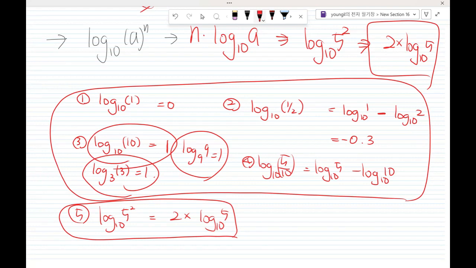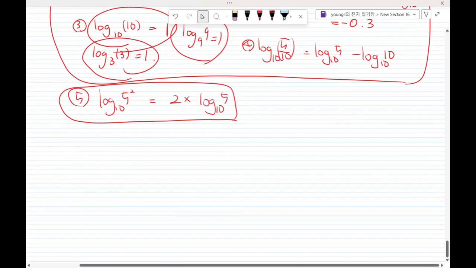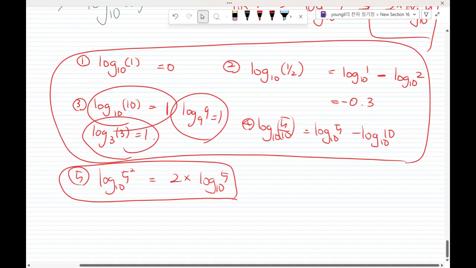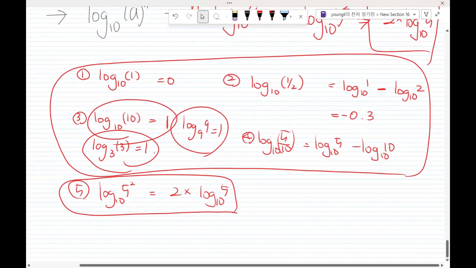That is very important. Those are the major properties of the log functions. Okay, now I'm going to wait for you.